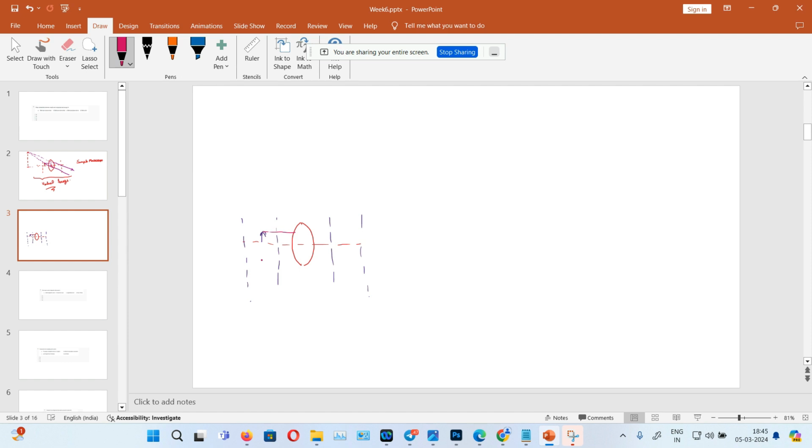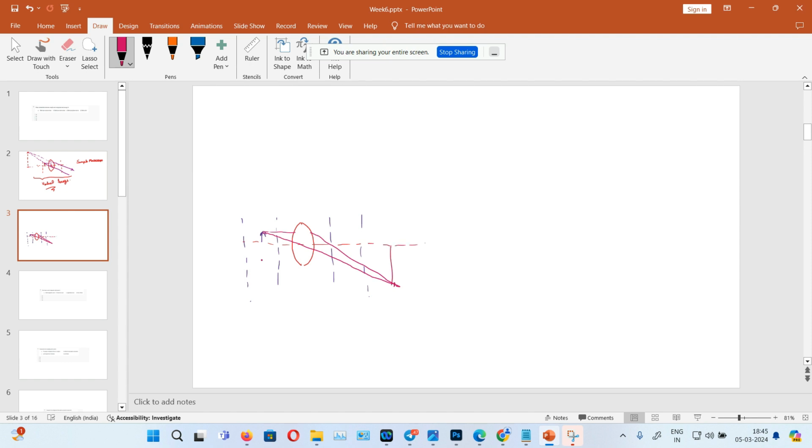After passing through the lens, the light passes through the focus, and the light passing through the optic center coincides somewhere here.